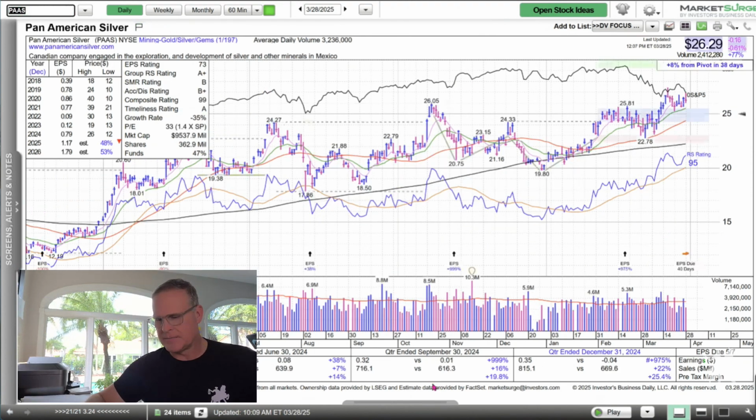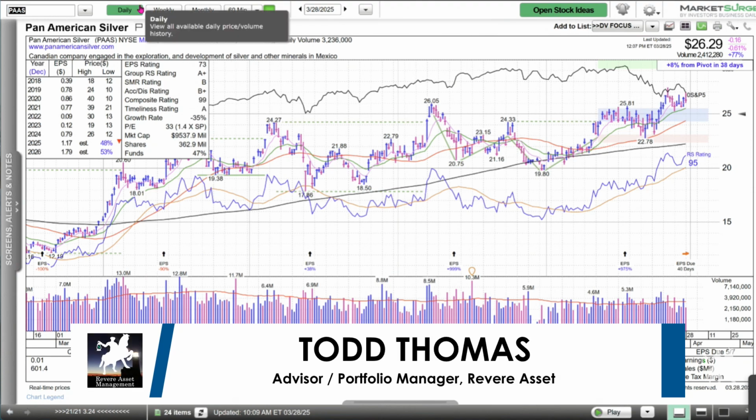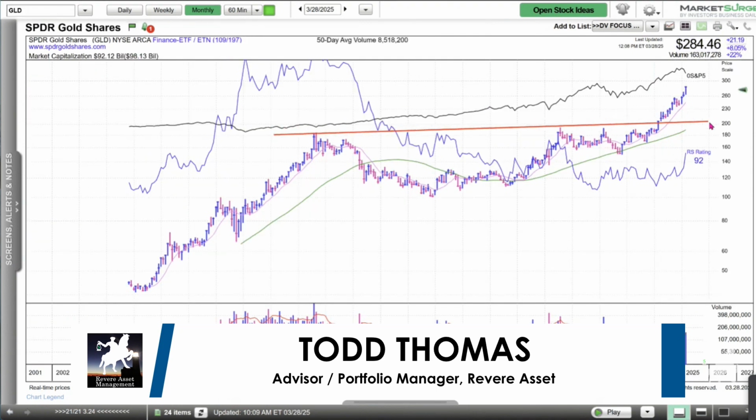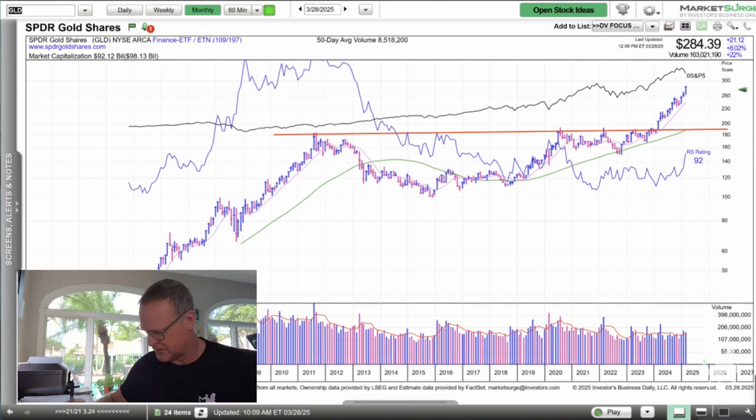Okay. Yeah, I'm going to start off by looking at the monthly chart of gold, GLD, and take a look at what's been going on there. You can see we're well into new high territory after a beautiful breakout of a multi-year base in October of last year.